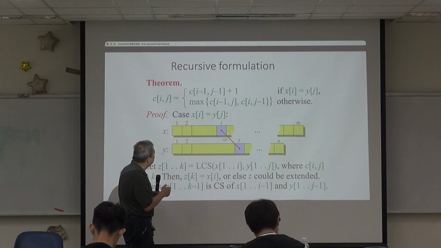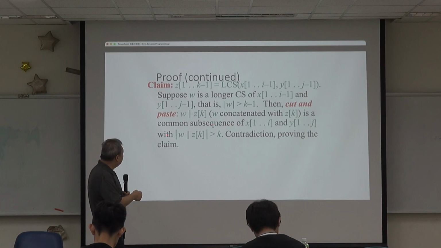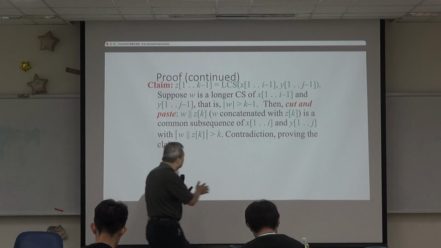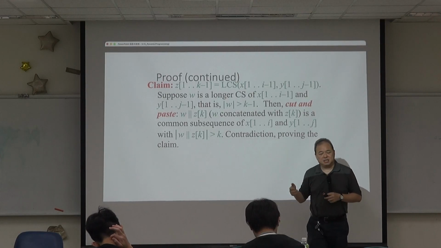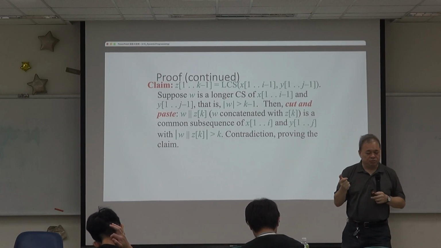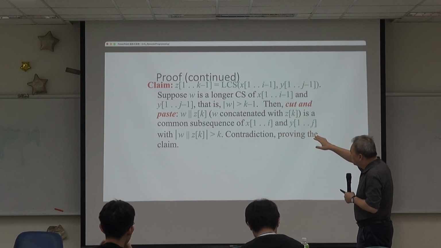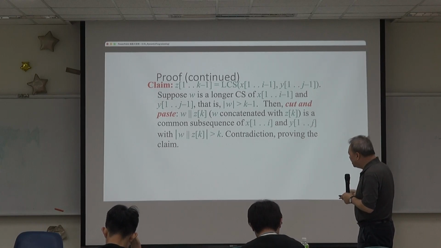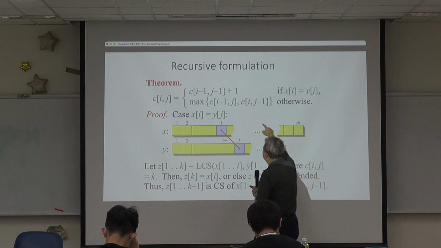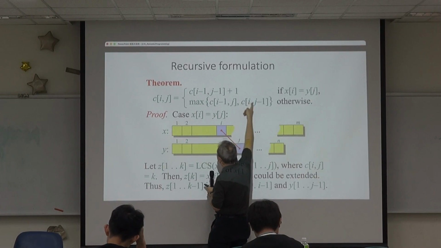It would be a common subsequence with length longer than k, but this again is not possible. It is a contradiction. So that means z 1 to k minus 1 is the longest common subsequence of x from 1 to i minus 1 and y from 1 to j minus 1. So in other words, this formula is true. The top one is true.